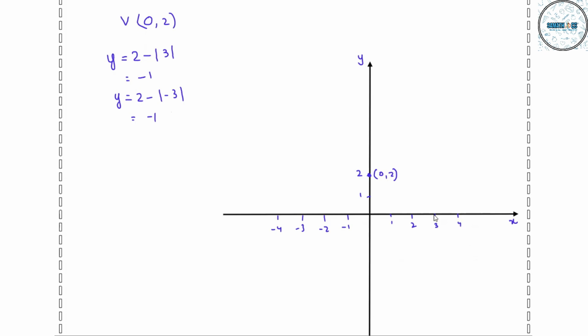Now we can mark these points on the grid. We have 3, minus 1, so minus 1 is over here. And minus 3 comma minus 1. Now we can draw the graph passing through these points, with another line on this side of the vertex.